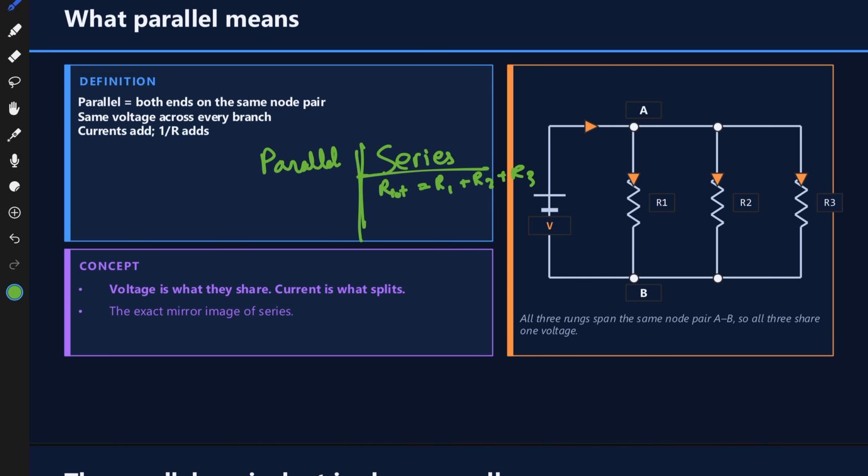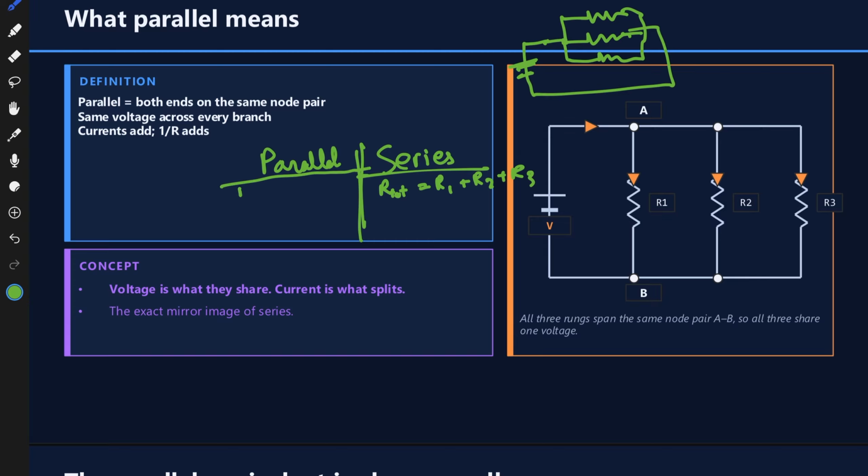right? For parallel circuits it's a bit different because you can't just add the resistances, right? They all go in three different directions, or two or multiple, right? So how can you just add the resistors? You can't. There's a formula for it.